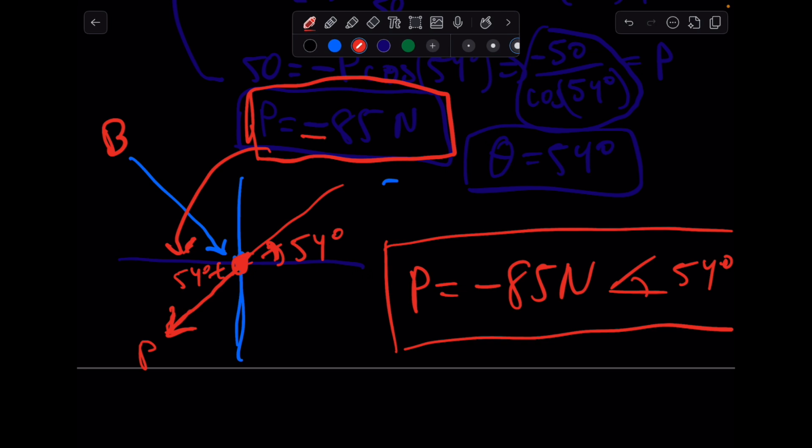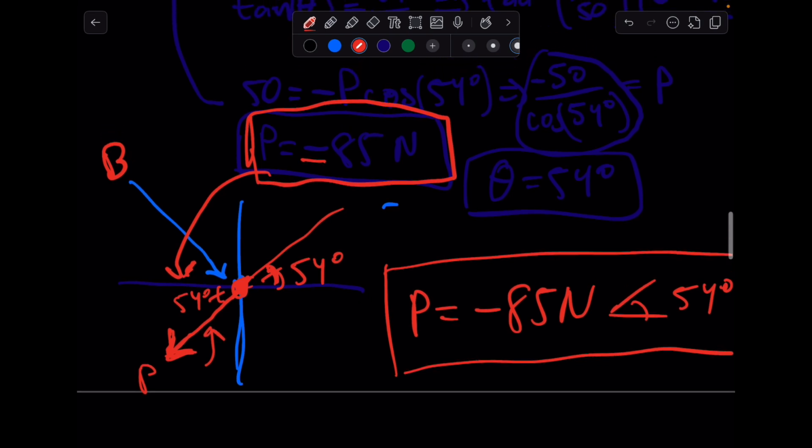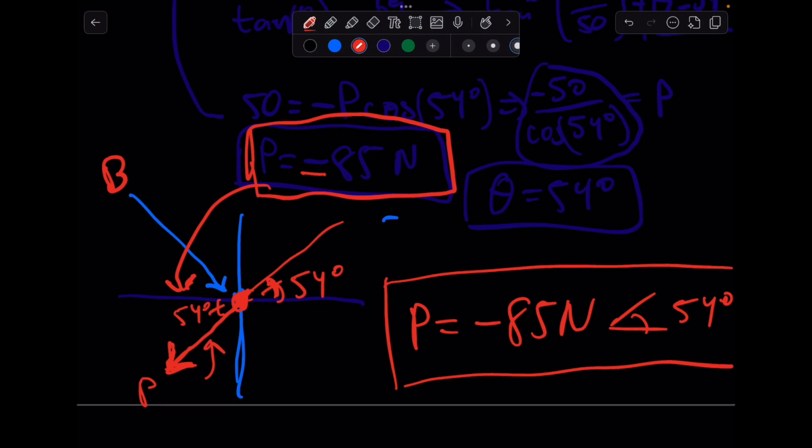It's going actually this way. So this is the representation of vector P. And that solves our problem. P equals, I'm sorry, negative 85 newtons with an angle of 54 degrees. And that is how you solve that problem.